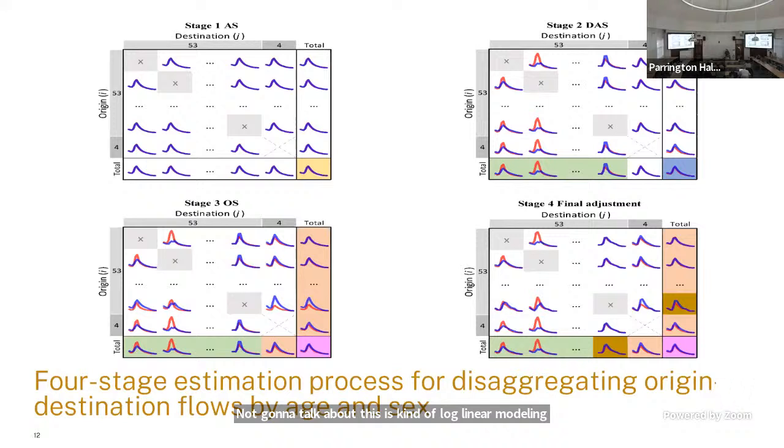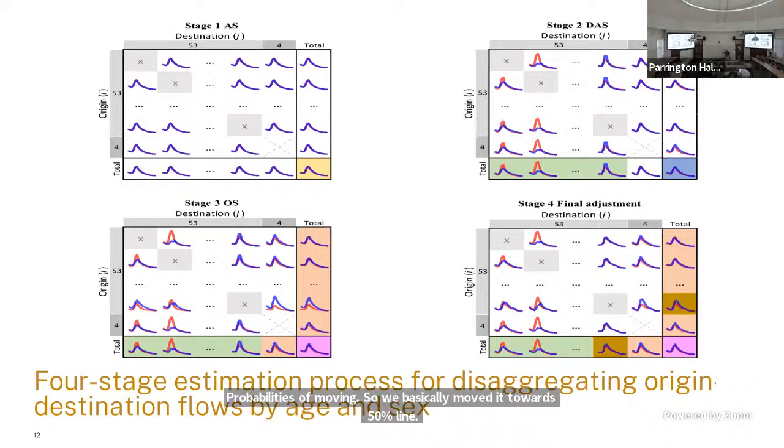I've done a lot for internal migration where you have these categories. We couldn't. We were hoping we could, but what we did is we took his estimates and dampened them with an assumption that males and females had equal probabilities of moving. So we basically moved it towards a 50% line because he had some extremes in his estimates.